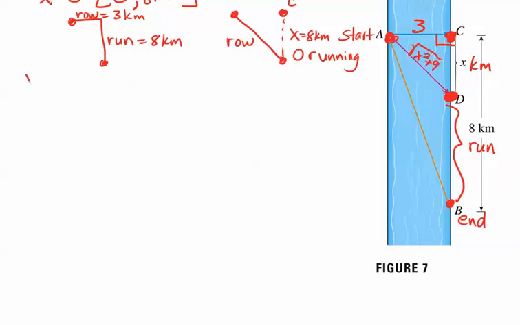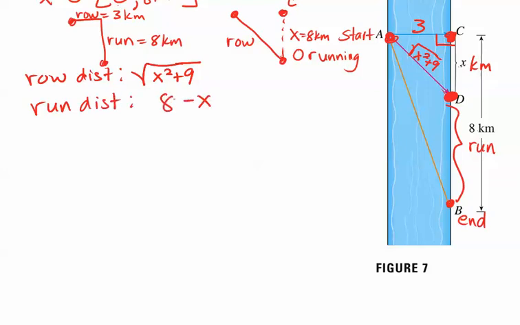So his rowing distance is going to be the square root of x squared plus 9, the hypotenuse across the river. And his running distance is going to be whatever is left over from the 8, so 8 minus x.